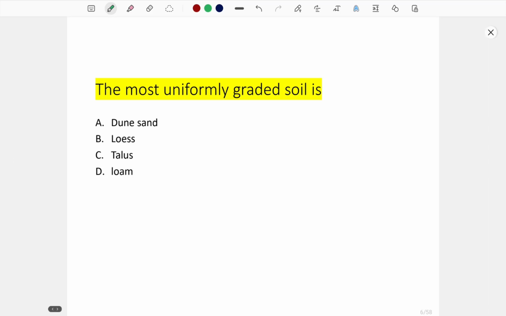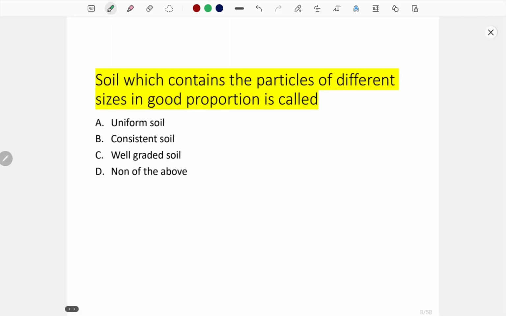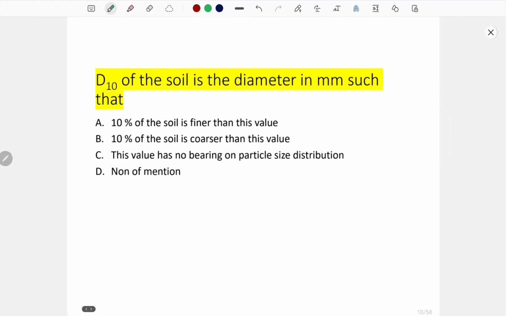The most uniformly graded soil is, basically, dune sand. A soil which contains particles of different sizes in a good proportion is called a well graded soil. Then D10 of the soil is the diameter in mm such that, basically, it is the effective diameter which we are going to consider.